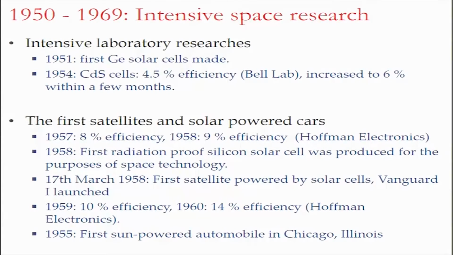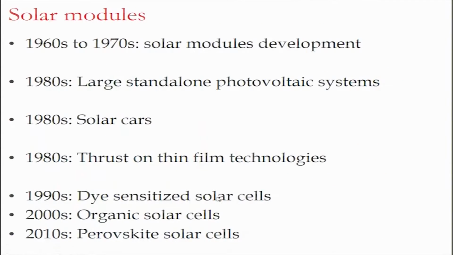1955 was the time when we had the first sun powered automobile in Chicago, and this paved the way for solar module development, that is large scale solar power development. In the 60s and 70s there was a massive effort on developing solar modules. In the 1980s a lot of large standalone photovoltaic systems were developed, not necessarily grid connected, and for commercial purposes.